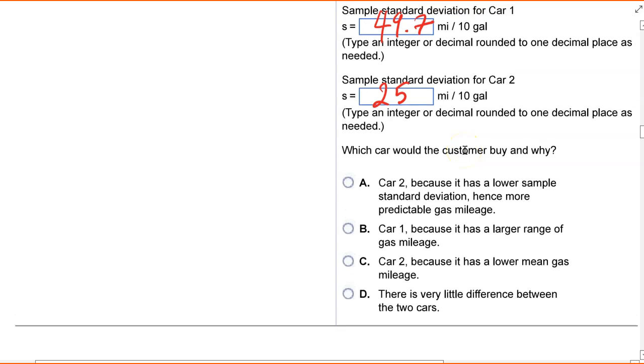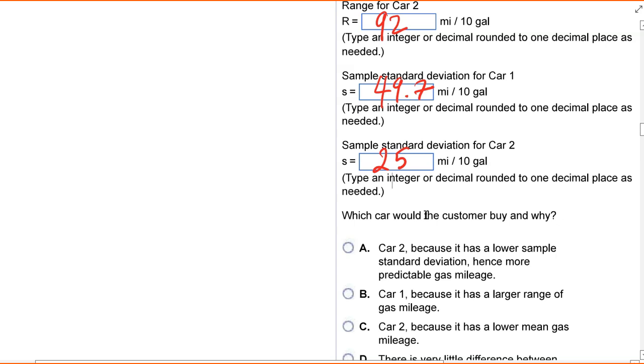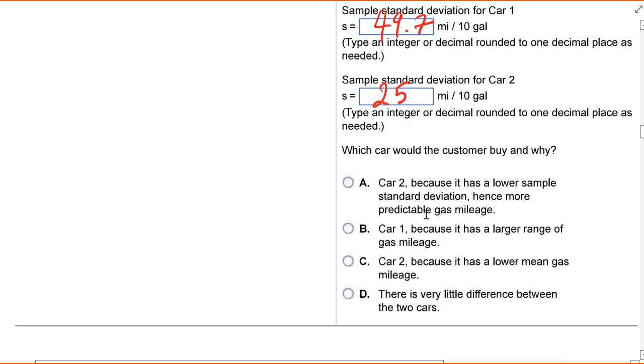The answer is, listen, because car 2 has a low standard deviation, car 2 has less dispersion. Standard deviation is a measure of dispersion. Since car 2 has a low standard deviation, it has more predictable gas mileage. Therefore, the customer should buy car 2 because it has a low standard deviation and more predictable gas mileage.